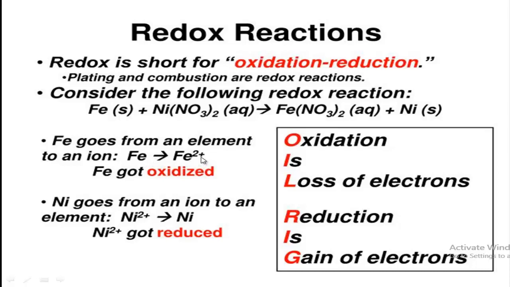We can also understand it in another way: the oxidation number is increased. Always remember that in an oxidation reaction, the oxidation number always increases. Here the oxidation number increased from 0 to 2, so we can say an oxidation reaction occurred.